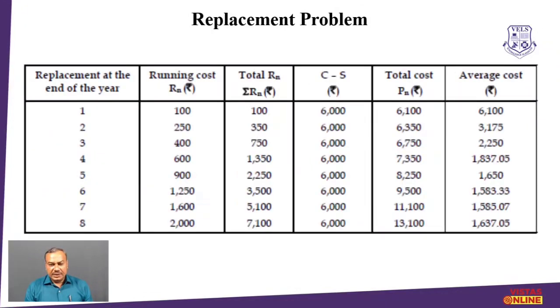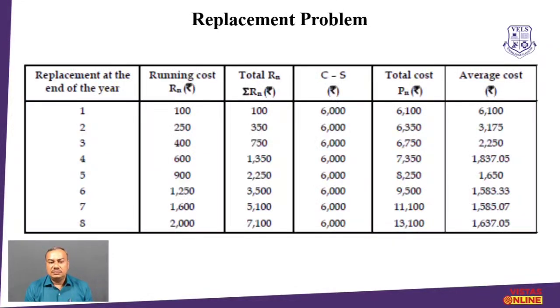In this replacement problem, we should find the average cost for every end of the year. So that's why we draw the columns. The first column is titled replacement at the end of the year.